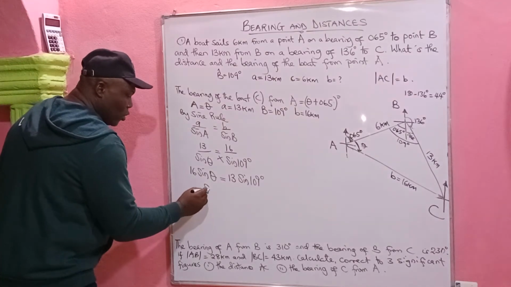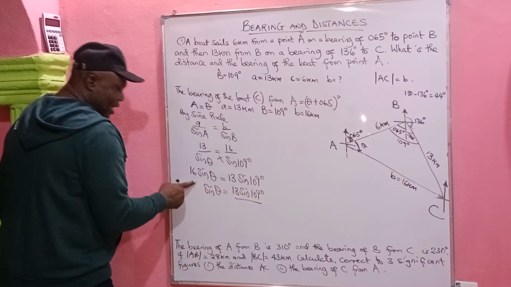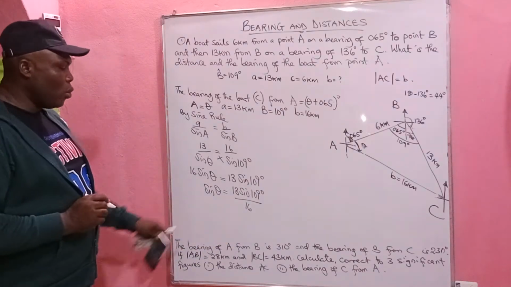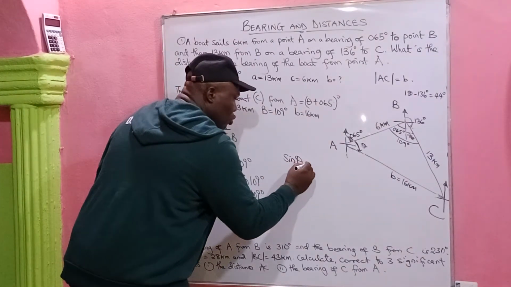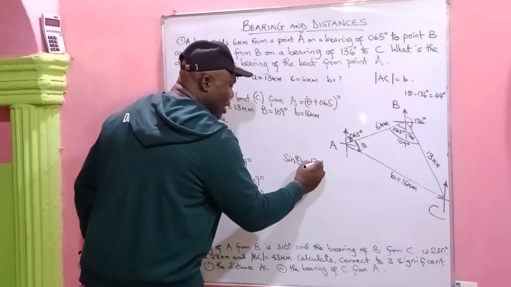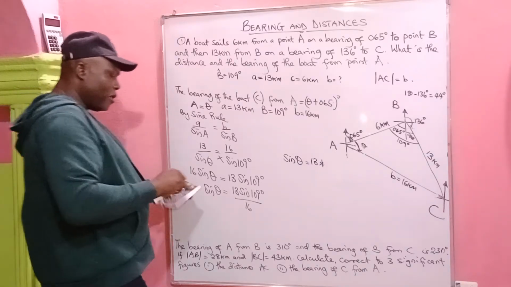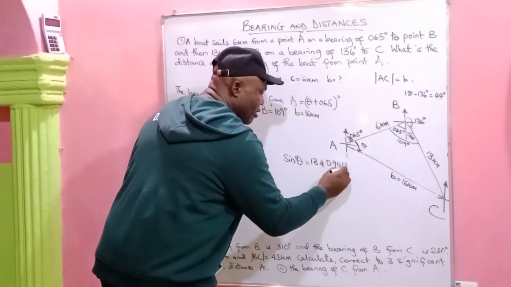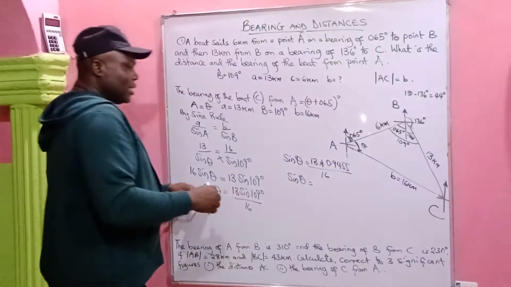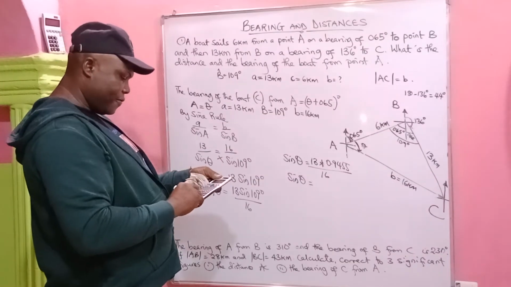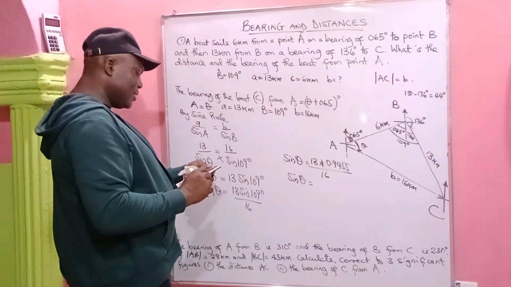So sine theta alone will be 13 times sine 109 divided by 16. Sine of 109 degrees is 0.9455. So sine theta will be equal to 13 times 0.9455, and now we divide that by 16. So we'll simply have 0.7682.